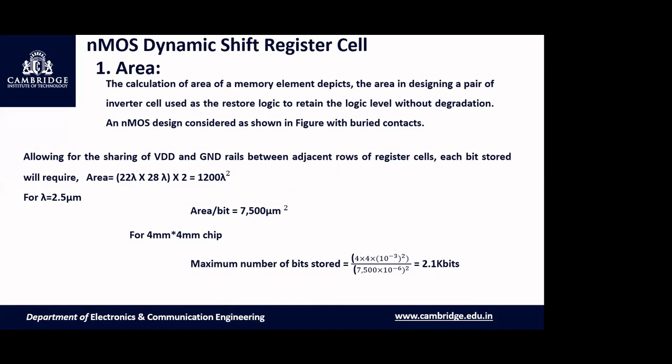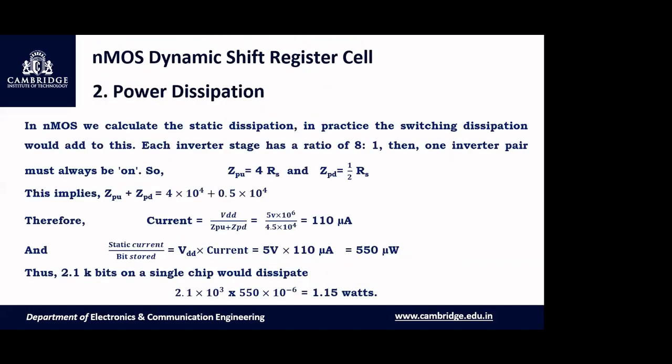Next, we need to find the power dissipated for the NMOS dynamic shift register. In module 4, I had taught you how to find power dissipation for the NMOS inverter. So now we'll see how to find the power dissipation.